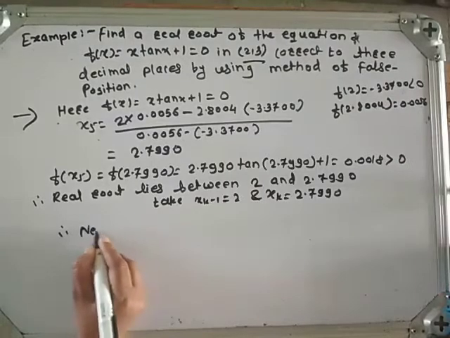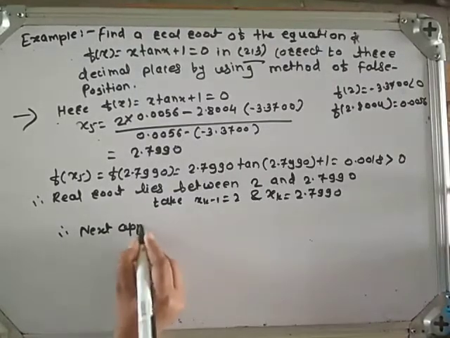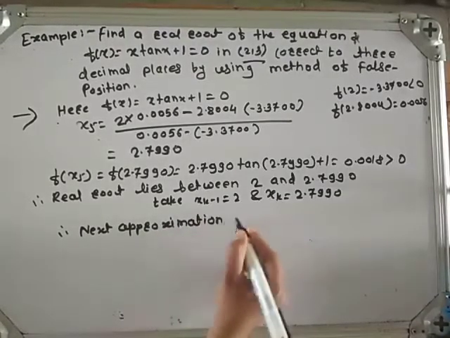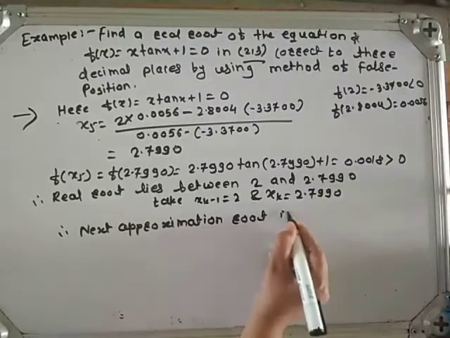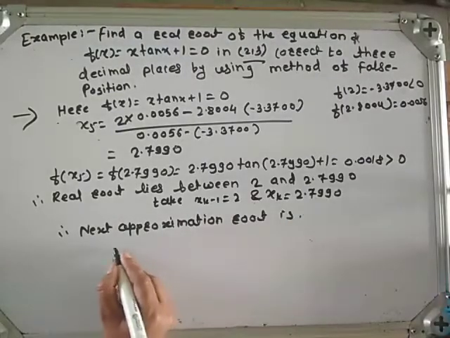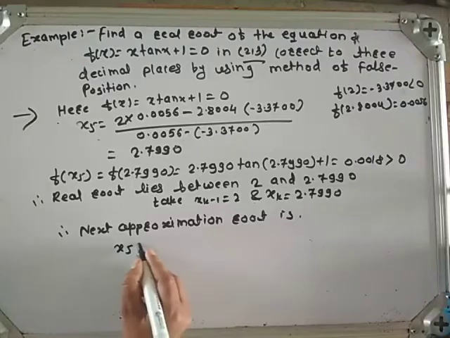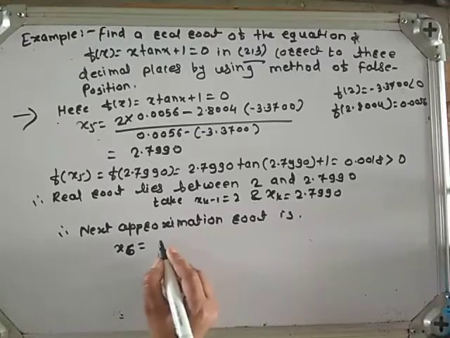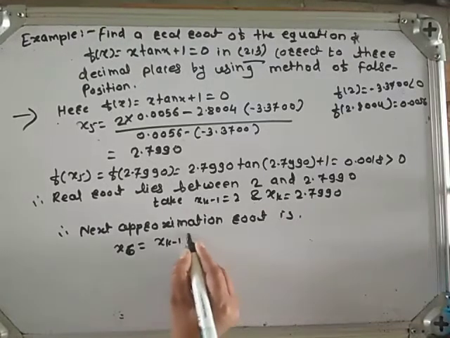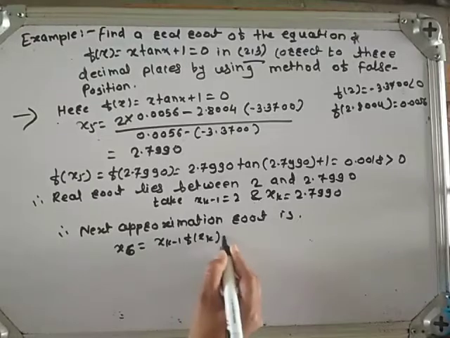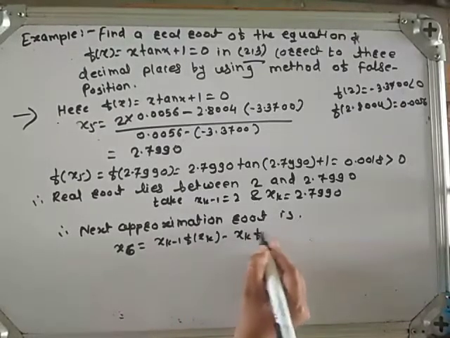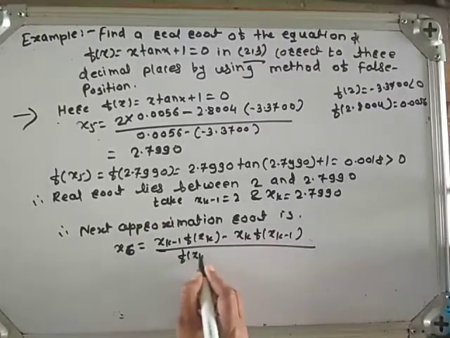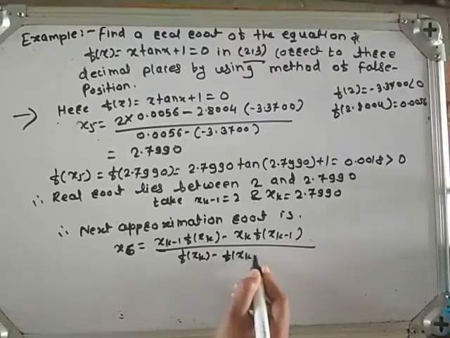Therefore the next approximation root is x6. The formula is xk minus 1 into f of xk minus xk into f of xk minus 1, upon f of xk minus f of xk minus 1.